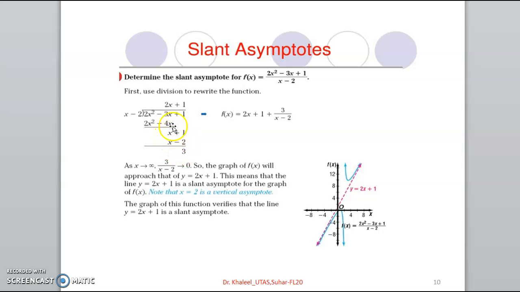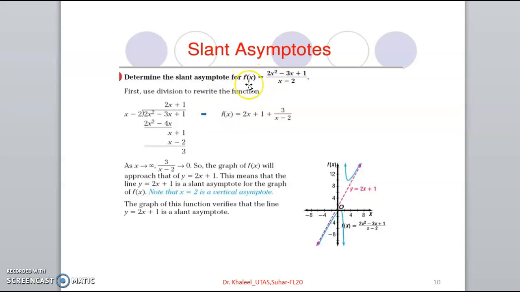So plus 1, and then the first term is x, so I will multiply the first term with 1. So x into 1 is x, and minus 2 into 1 is minus 2. So x cancels because they are opposite. Then we have 1 minus of minus 2, that means this becomes plus 2, so 1 plus 2 is 3. This is the remainder and this is the quotient.